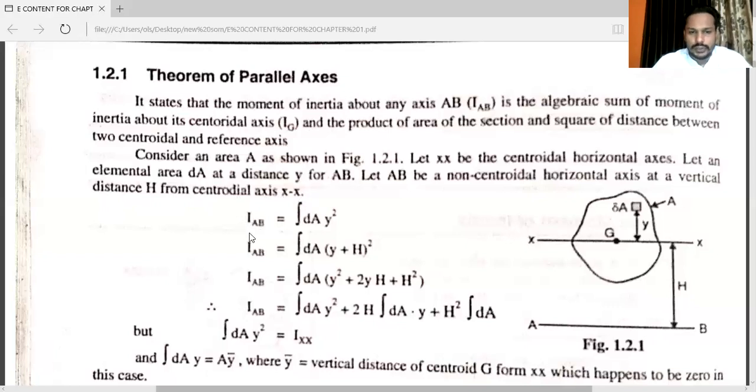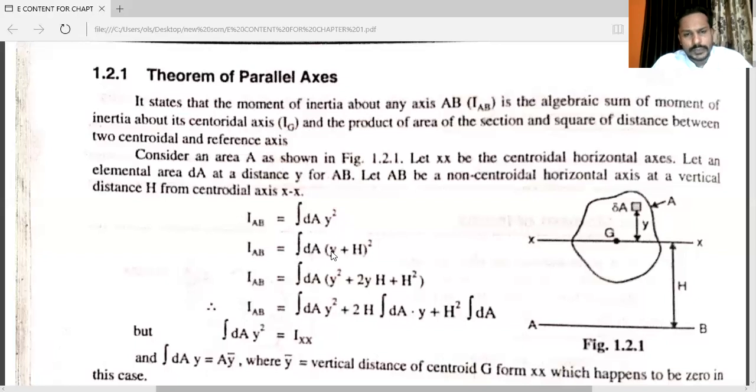According to the definition, we know that integration of dA into y square is the formula for moment of inertia about AB. But we know that this distance is nothing but y plus h. So the formula will be moment of inertia about AB is equal to integration of dA into (y plus h) whole square.